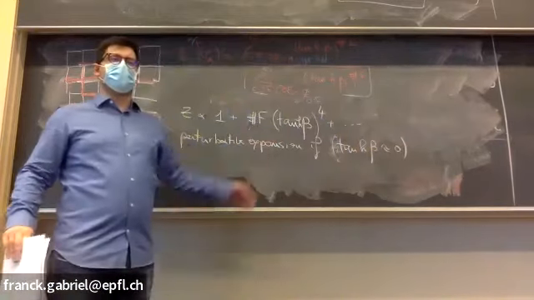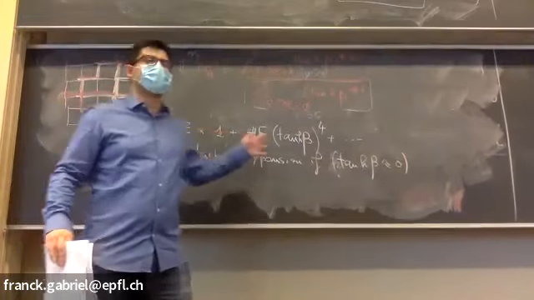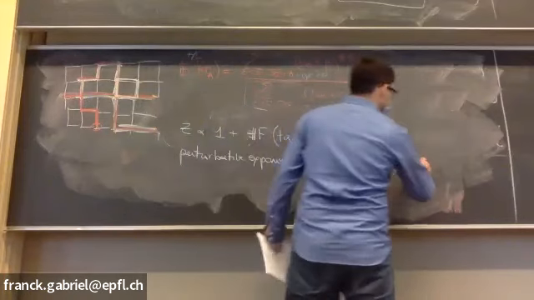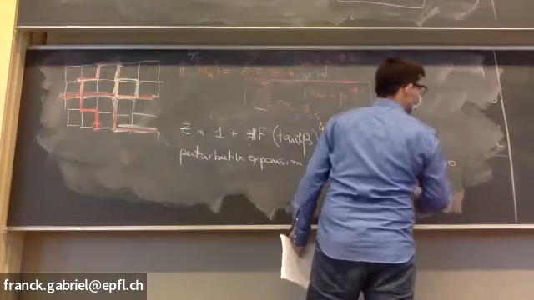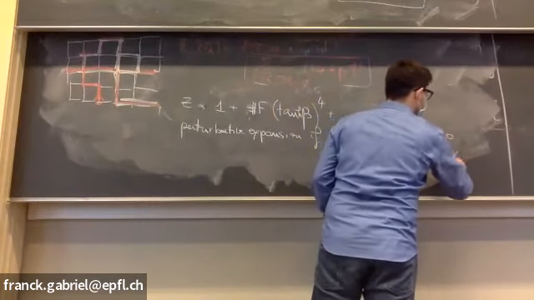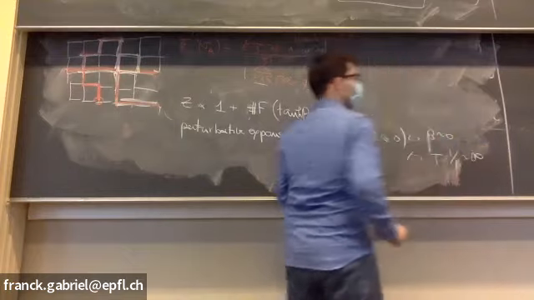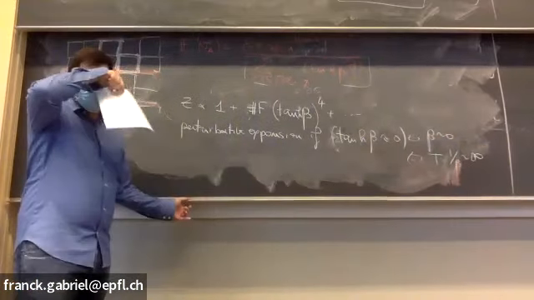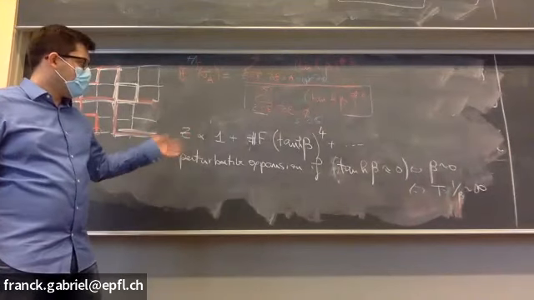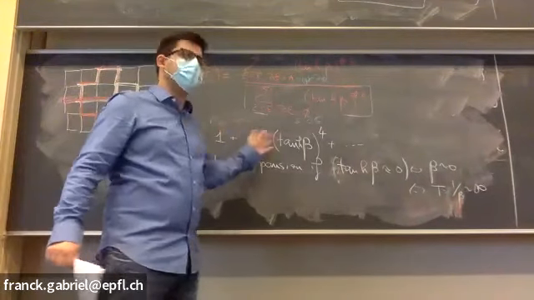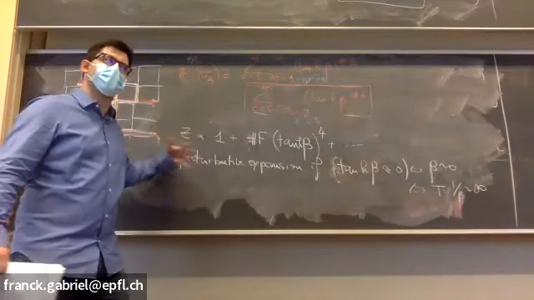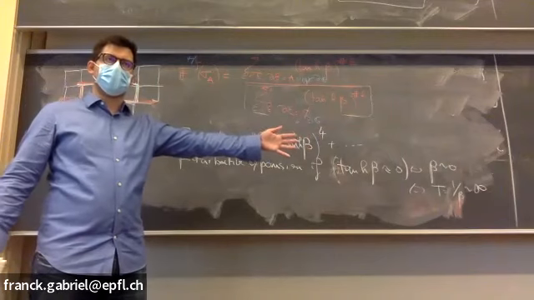If term h beta is close to 0, then I'm doing a kind of expansion, which is actually equivalent to the fact that beta is close to 0, which is equivalent to the fact that the temperature, which is 1 over beta, is large. Okay, so if the temperature is large, you can see it as a perturbative expansion, in the sense that the first terms are bigger than the terms after.